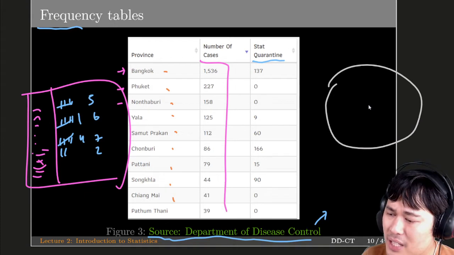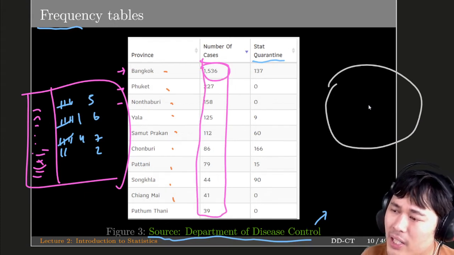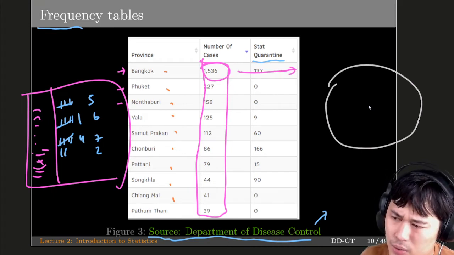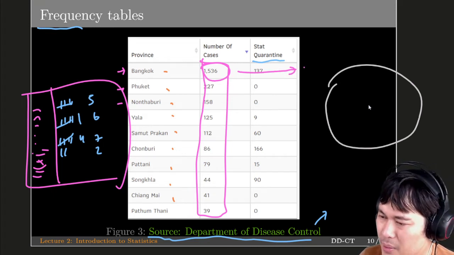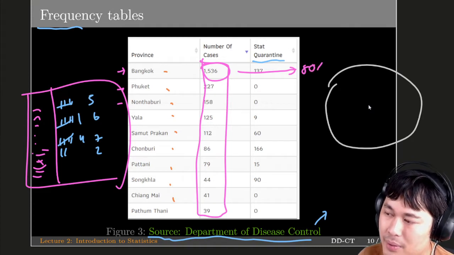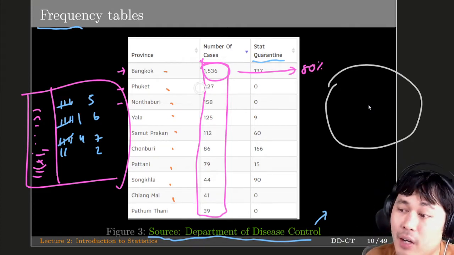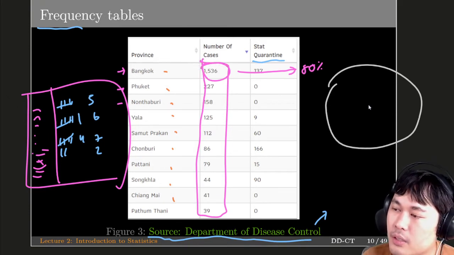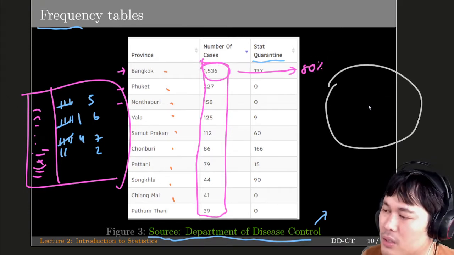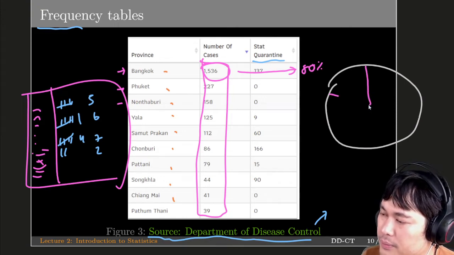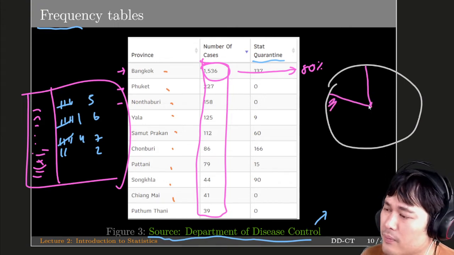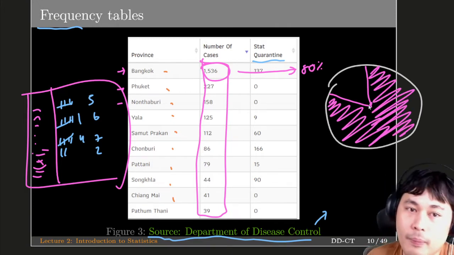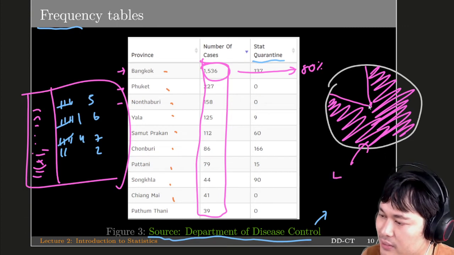We have to sum up all these numbers and say, okay, this 1,536 takes about, and let's say, I'm just going to make some numbers up, 80%. Of all these numbers, these Bangkok cases are worth 80%. And so you divide them, 80% of the chart here, and label that Bangkok.